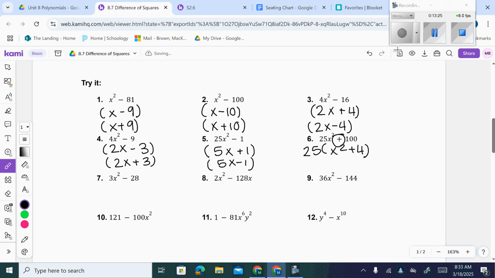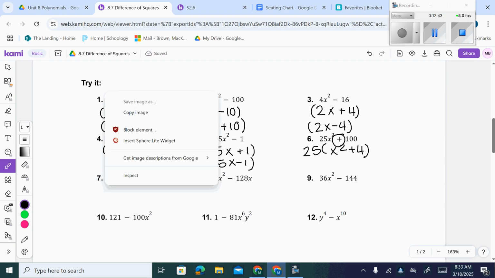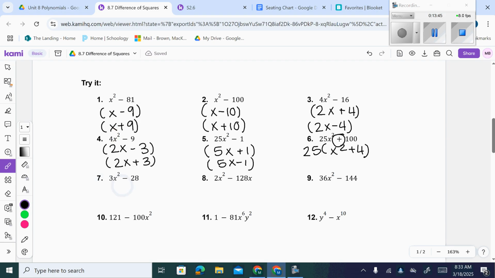Alright? 7. Can you do difference of squares on 7? Is it subtraction? Yes. Are they both perfect squares? Is 3 a perfect square? No. Is 28 a perfect square? No. So I can't do difference of squares.